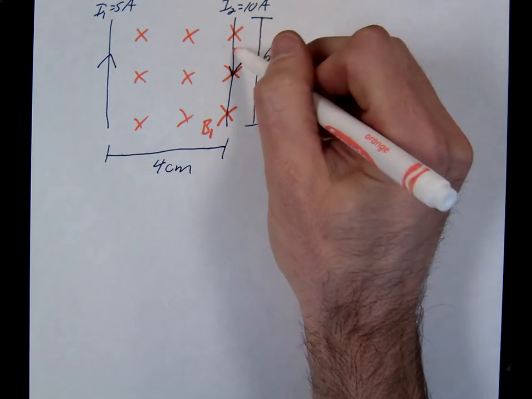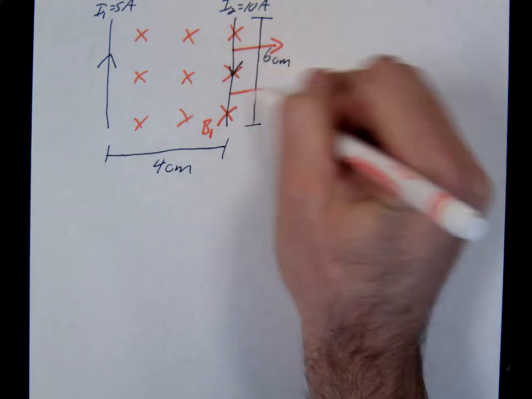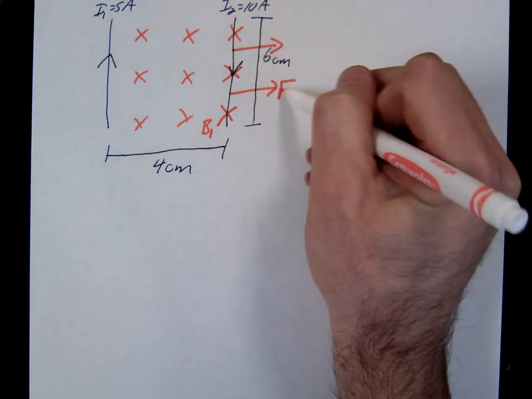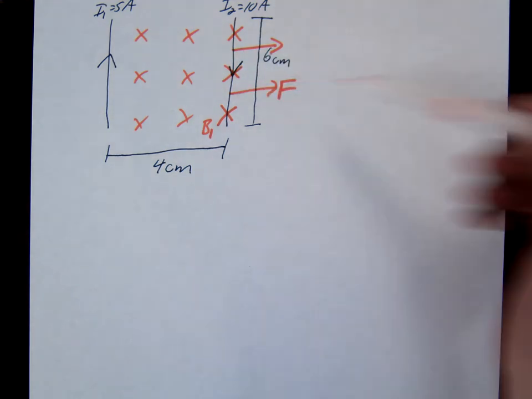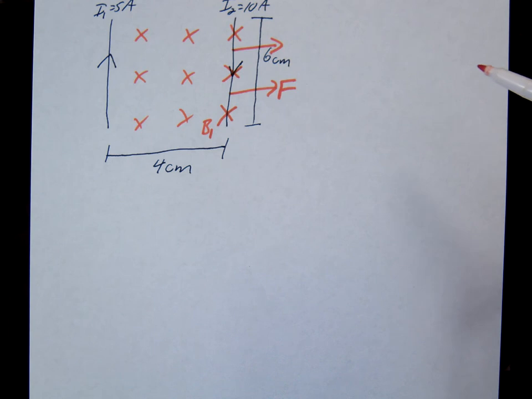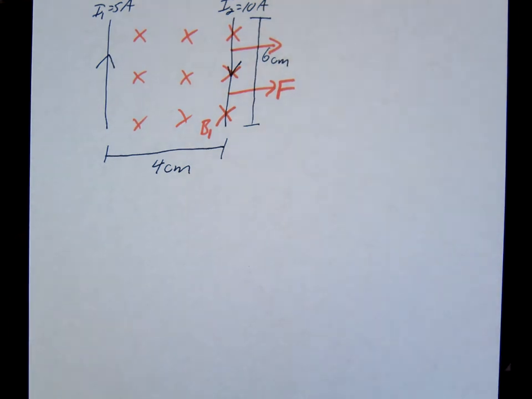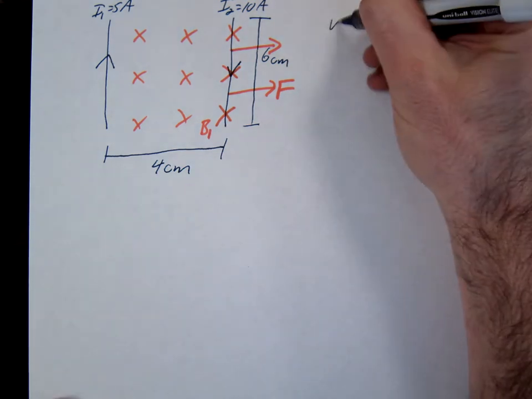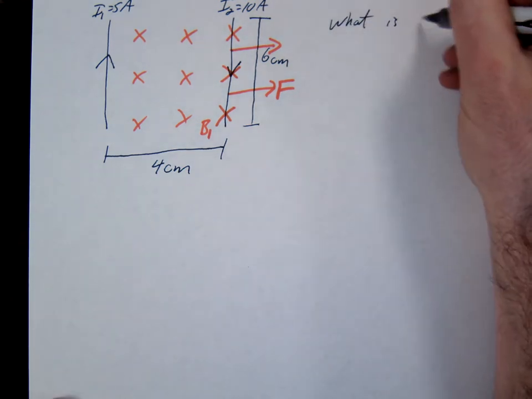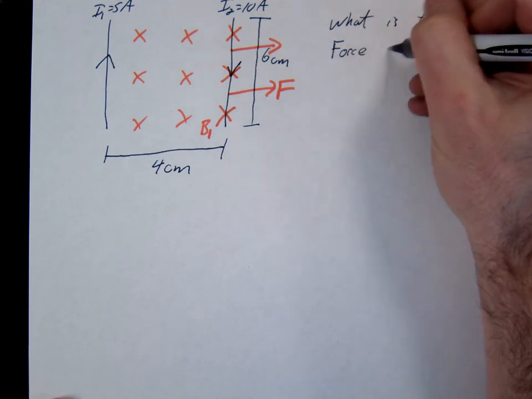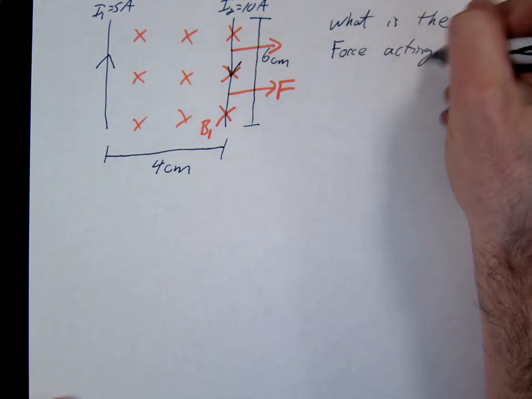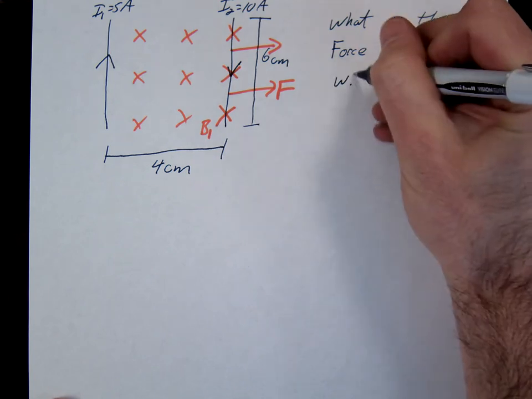So our force is going to be to the right. So in other words, this wire is going to move to the right. There's going to be a net force acting on the wire to the right. So that's going to be the question here, is how much force, what is the force acting on wire number 2?